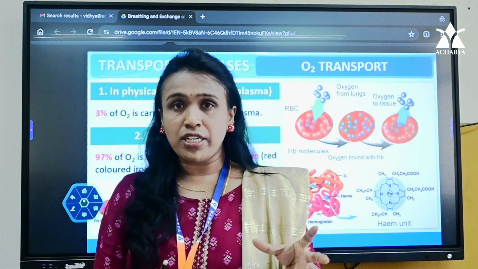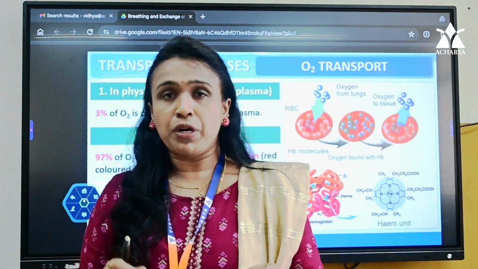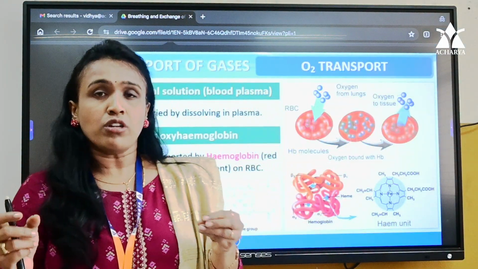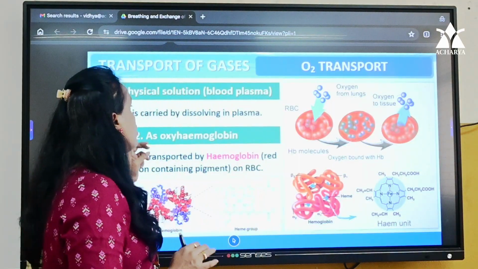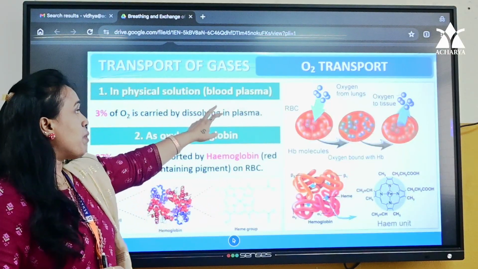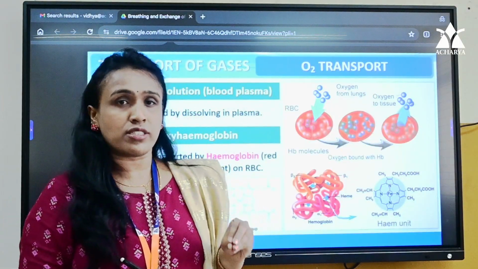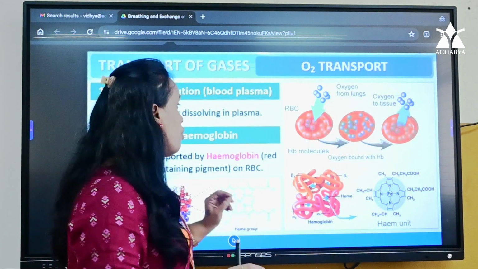Carbon dioxide is highly soluble, about 20 to 25 times more than oxygen. Oxygen dissolves slowly in water, but still it dissolves. So about 3% of oxygen is carried by plasma in the dissolved state. Dissolved oxygen is transported to tissue through plasma.